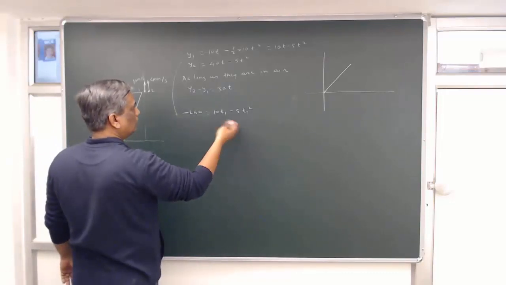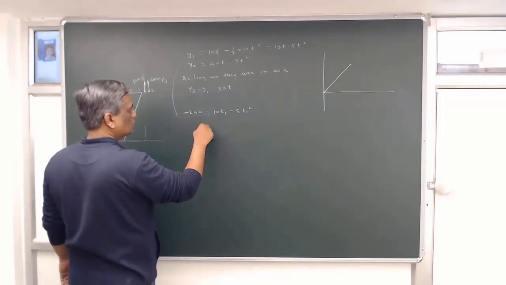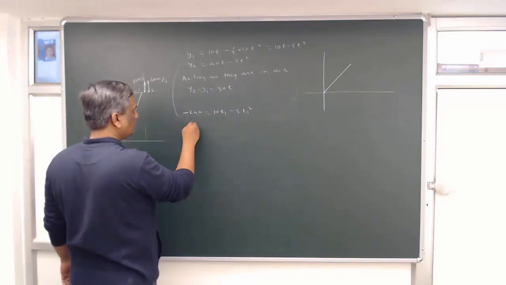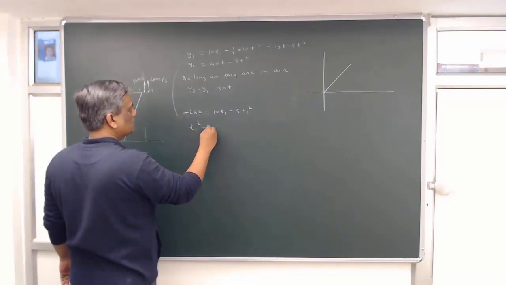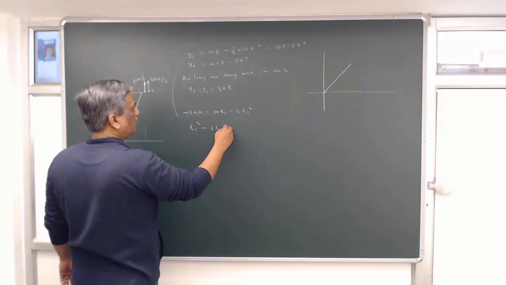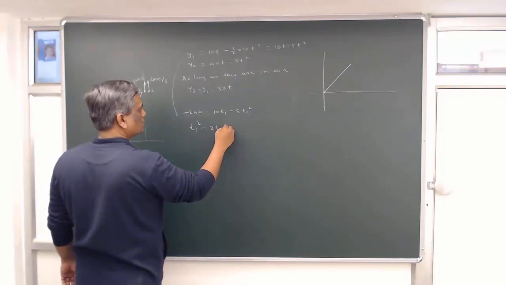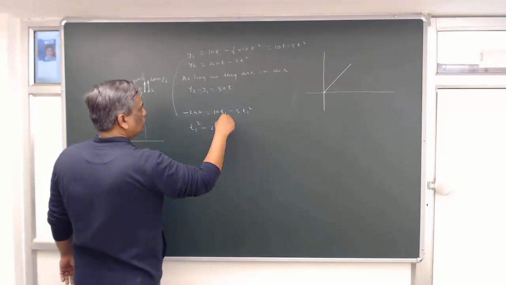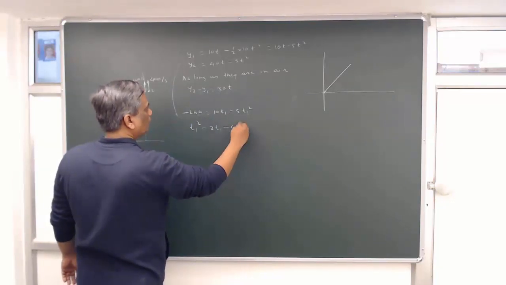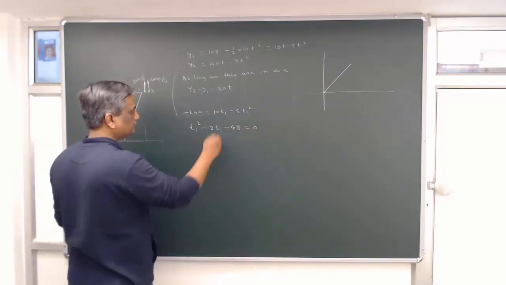So this is a quadratic equation again. Let's solve this, and I can divide it by 5. So it's going to be t1 square minus 2 t1 minus 48 equal to 0, right?